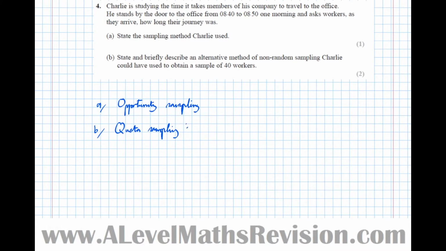So a non-random method could be, I don't know, ask 5 people from each department until all 40 samples are obtained. So that would be a sensible way of doing that one.